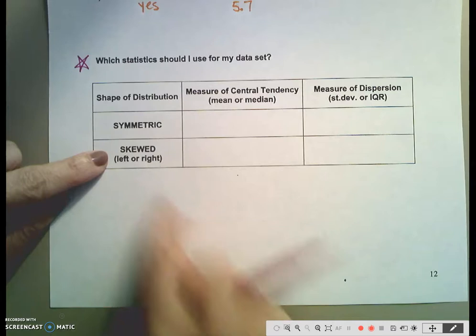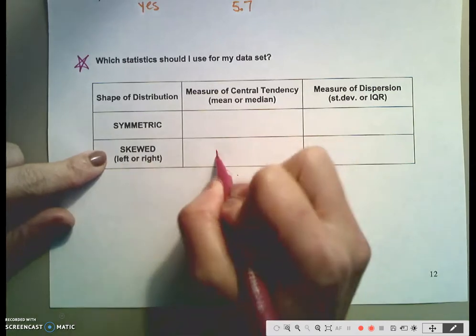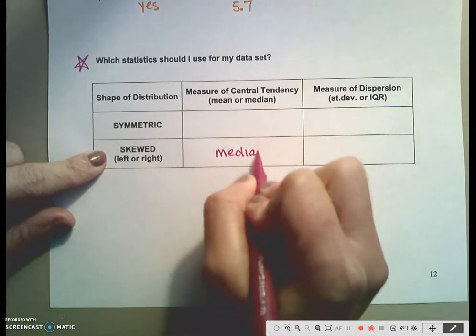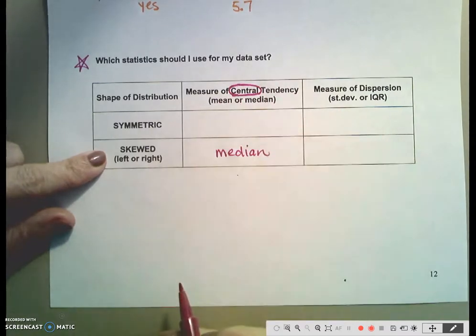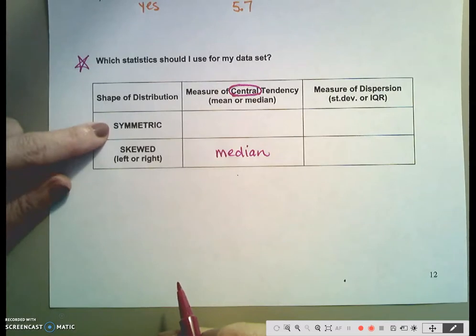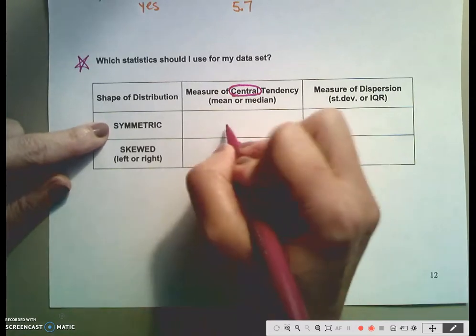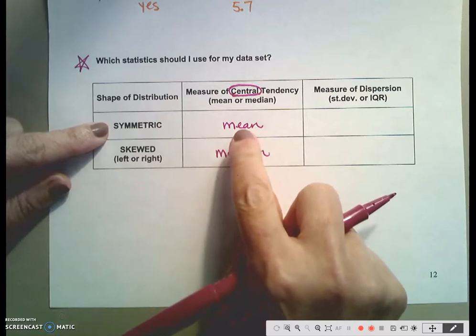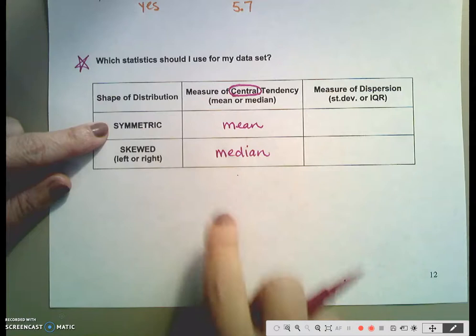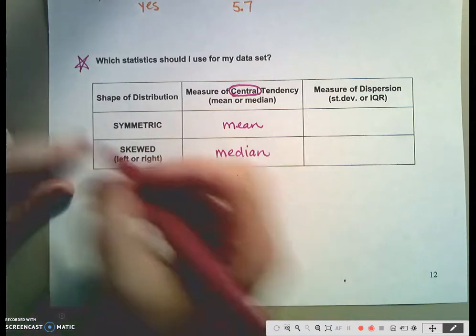So we talked about before, if your data is skewed, you really should be using the median if you're discussing the center. But if your data is all nice and pretty and symmetric and everybody gets along, then you should be using the mean, because the mean does not like extreme values. It's not resistant.